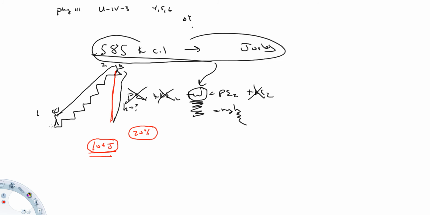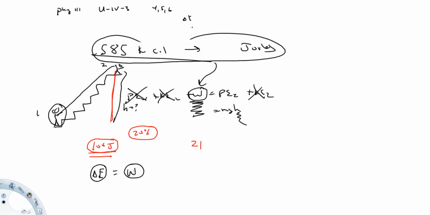So for part C, they're saying to factor in a 21% efficiency. What does that mean? If you were 100% efficient, your change in internal energy, meaning you're burning calories and dropping in energy, would equal your work done.